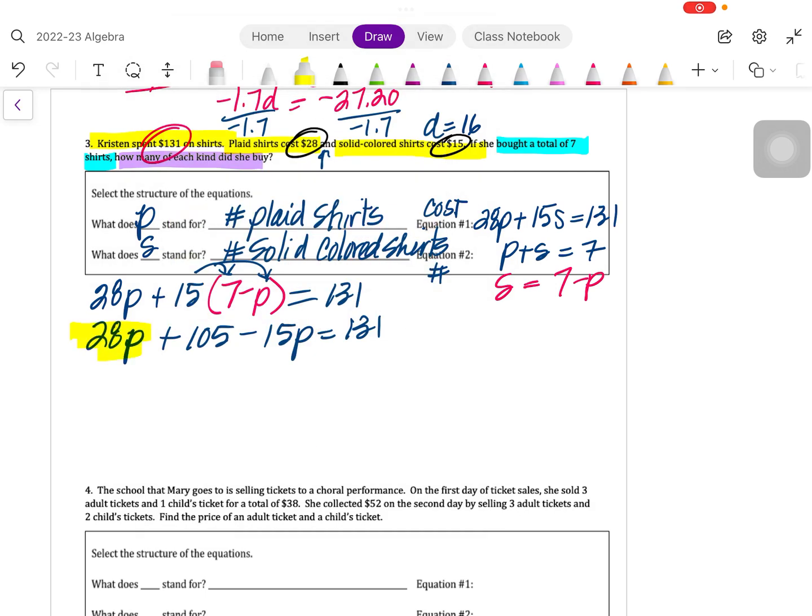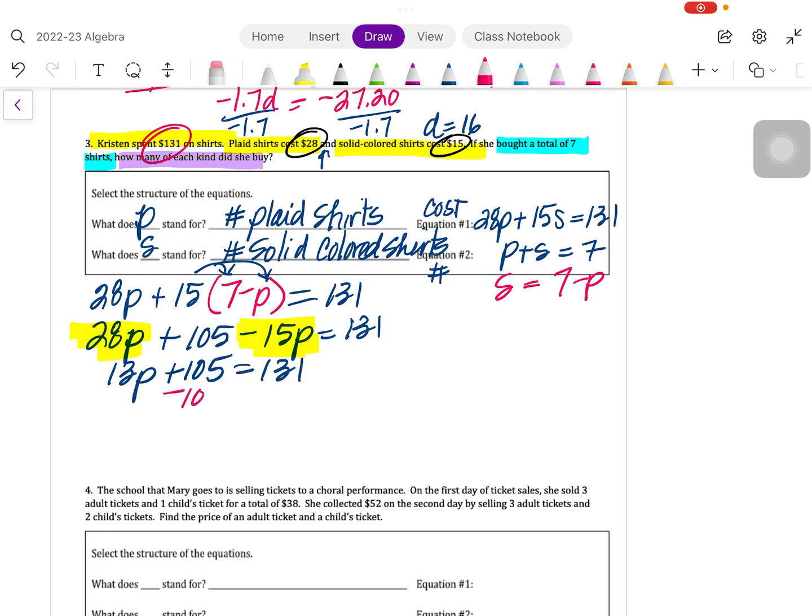So in this equation, I can combine 28P and negative 15P. Watch your signs. So 28 minus 15 would be 13P plus 105 is equal to 131.